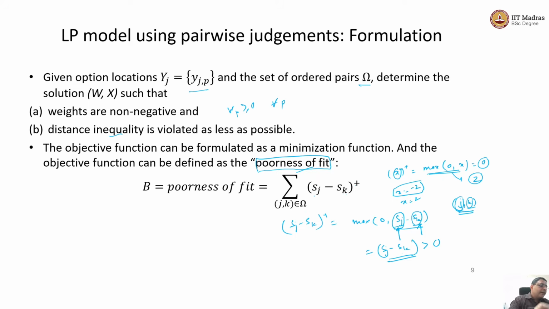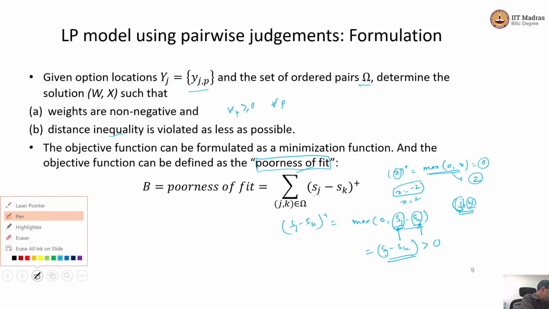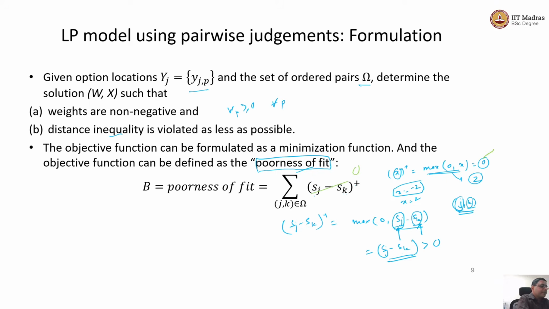Let me say that again. If the distance inequality is not violated, ideally the value of this should be 0, because Sj minus Sk will be negative, and therefore the max function will be 0.